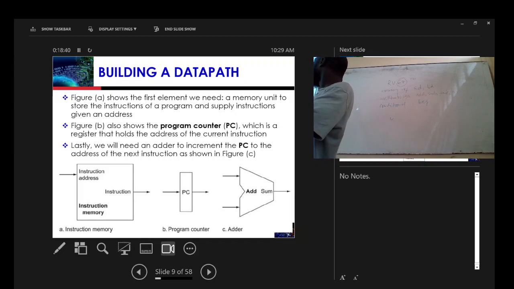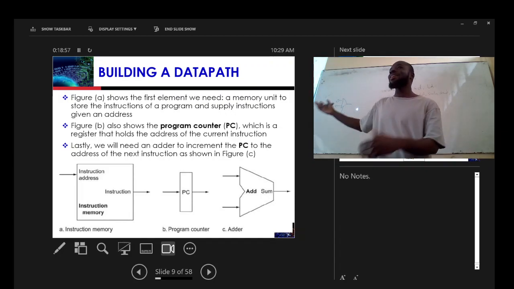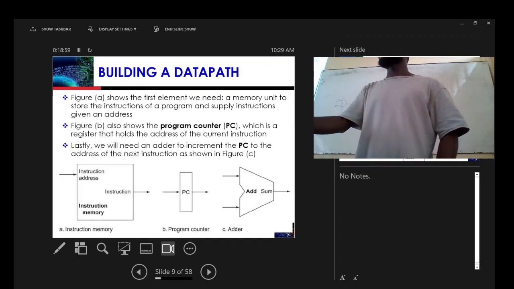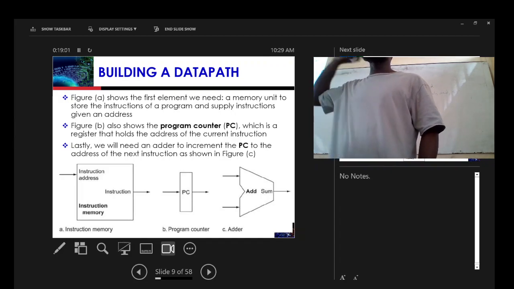What does an add do in the next? What does the add do?